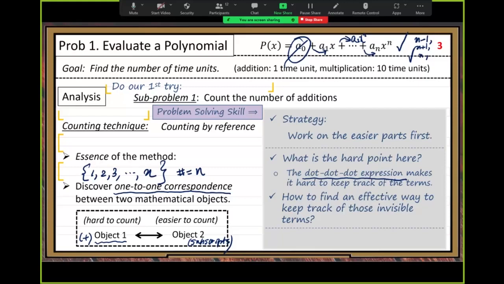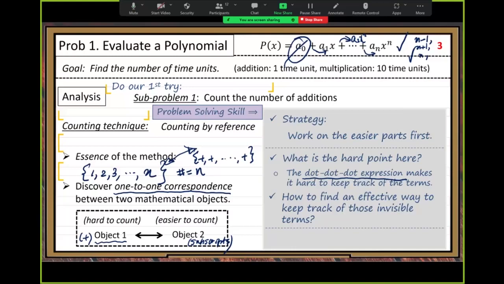When you establish a one-to-one correspondence between two sets, set 1 and set 2, one set is all your plus signs, so many of them, and it's hard to keep track of how many. But you establish a one-to-one correspondence between these two sets.